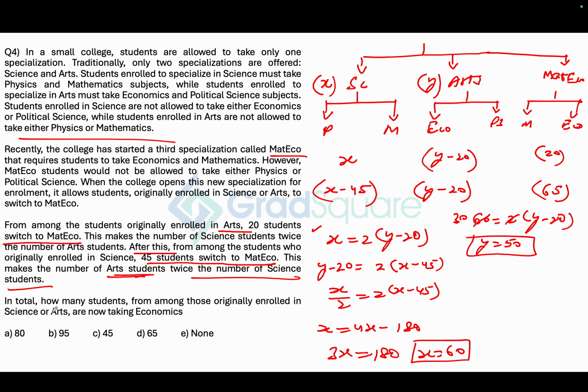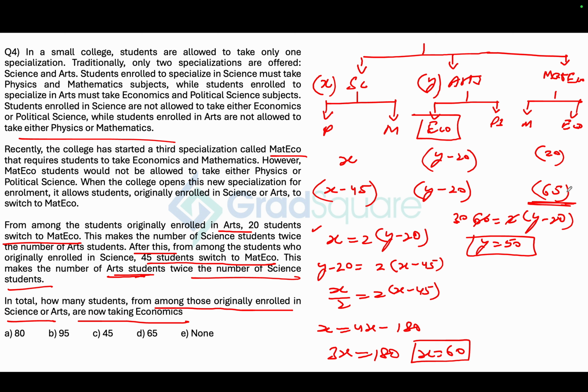Now the question is, in total, how many students from among those originally enrolled in science and arts are now taking economics? The only mistake that I expect students to make is to mark 65 as the answer, where 65 is not the answer, because you have economics students over here also out of the original set of students, right?